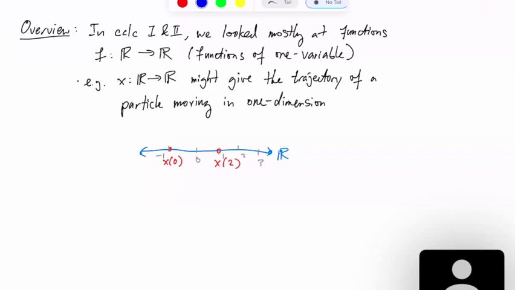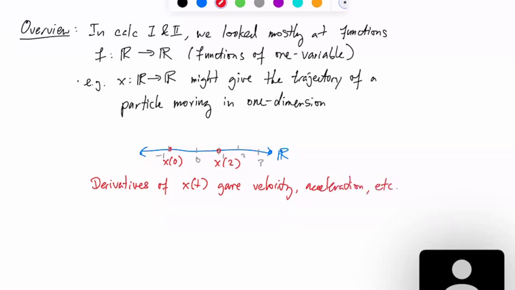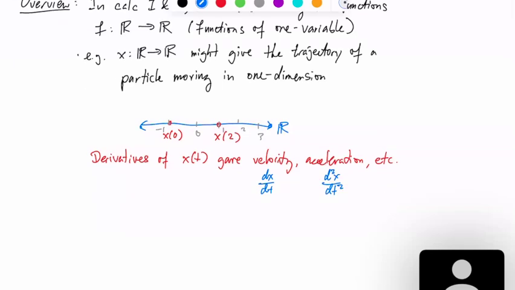And then we looked at how derivatives and integrals of this were also physically relevant quantities. Derivatives of x of t gave velocity, acceleration, etc. Velocity here would have been dx/dt, acceleration would have been the second derivative, and so forth. So that's one example of what you learn to do in calculus.